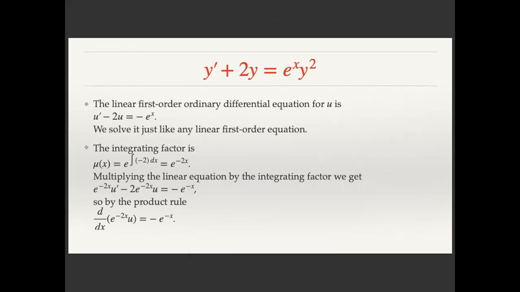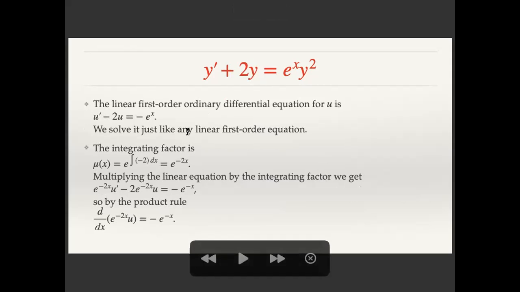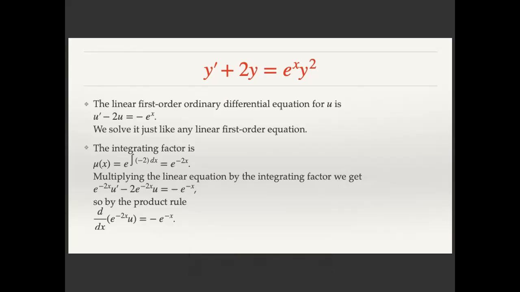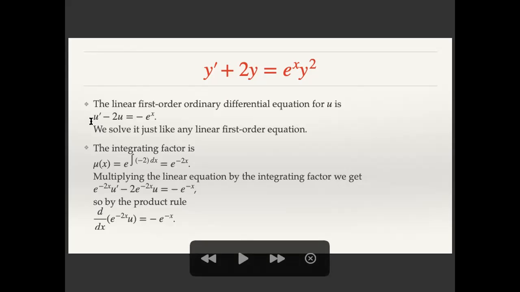Okay, now let's look at this equation, and let me remind you the method of the integrating factor. I mean, who knows whether you can remember it from one week to the next. So u prime minus 2u is equal to minus e to the x.